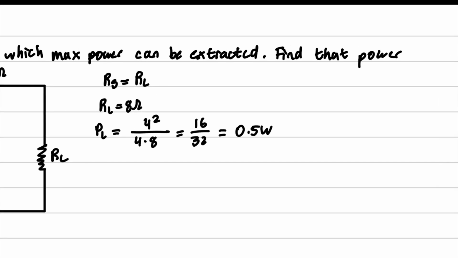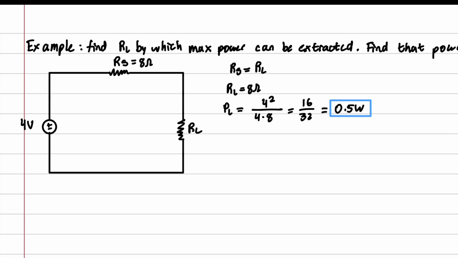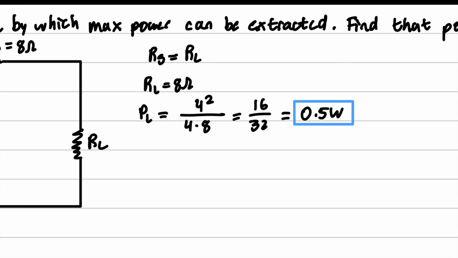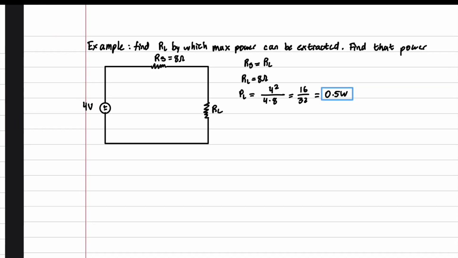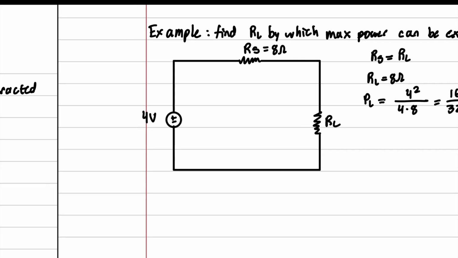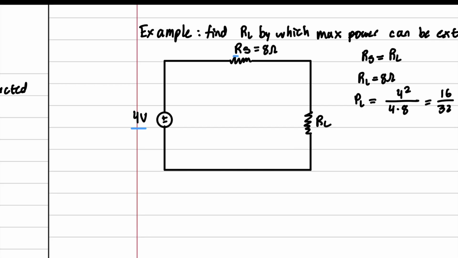And so this is the maximum amount of power that can be extracted from this circuit if RL and RS are set to be equal. Now this was a super simple one. Highly recommend you memorize that PL equals Vs squared over 4RS, but you need to make sure that this system can be simplified down to one Thevenin and one R equivalent.